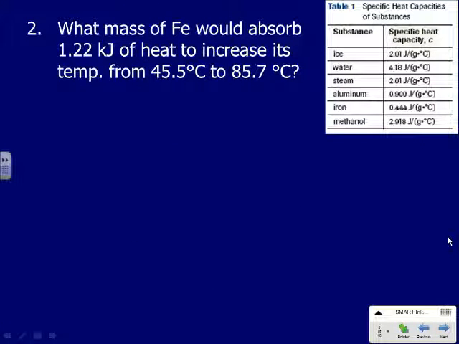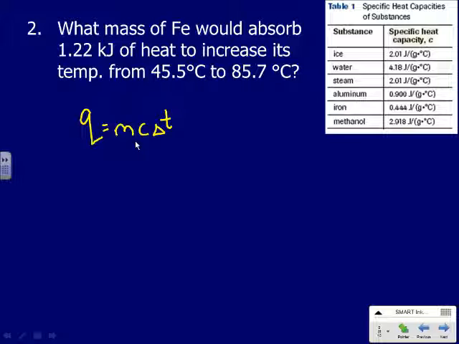Now in this case, we're not dealing with water, we're dealing with iron. So this time the iron is absorbing some energy. They tell us the energy to increase the temperature, and we're looking for the mass. So again, our equation, Q equals mc delta T, and this time I'm looking for the mass.